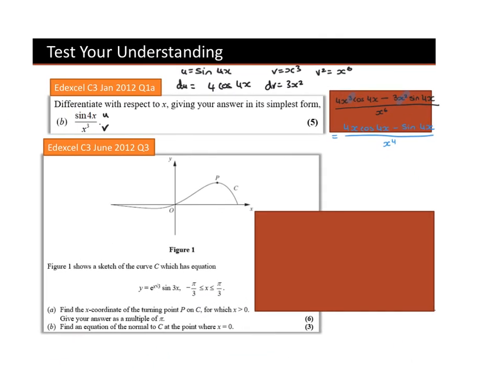Next question, a little bit more complicated. What we find is that this is, in fact, product rule. It's not quotient at all, okay? So 9-mark question, and you've got to find the turning point and then the equation to the normal to C at the point where x equals 0, okay?